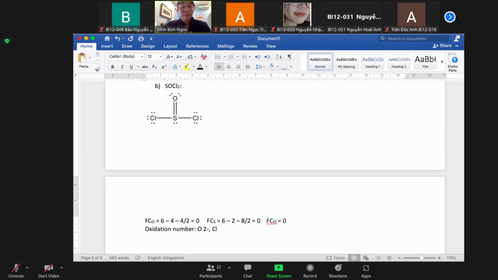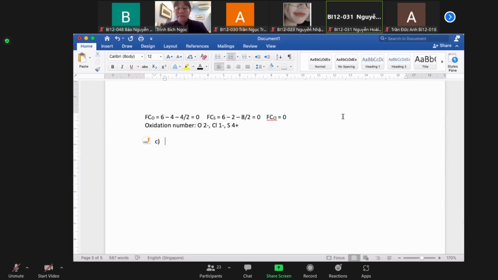But the molecule is electrically neutral, so if you distribute the oxidation numbers, minus 2 and minus 1 for each chlorine, S will be plus 4. Okay.